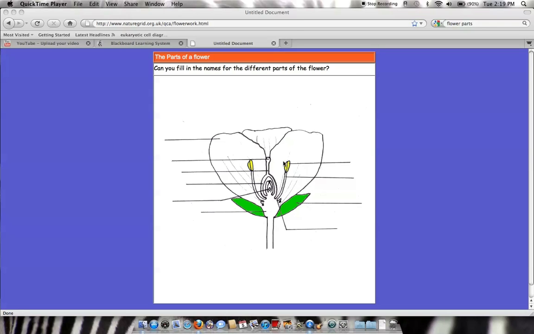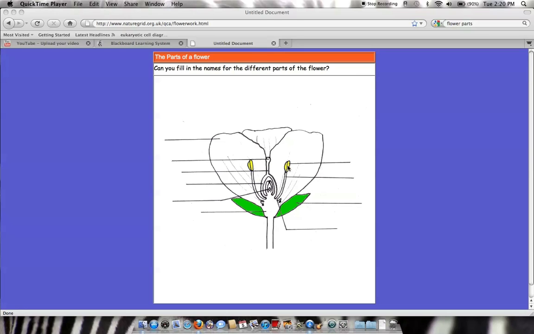Okay, so when a bug, or a bee or a hummingbird comes in and rustles around in there looking for a little drop of sweetness down here, little nectar, the bee or the hummingbird or insect will disturb this area.